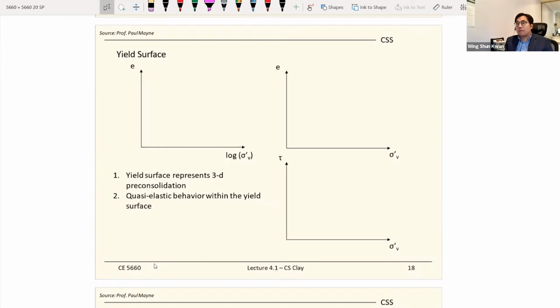For example, the von Mises model, if you still remember that, and the Mohr-Coulomb model we keep talking about at the beginning, both for physics and also for this class. That is also a model trying to capture the yield surface of a material. Actually, in soil mechanics, we borrow the Mohr-Coulomb model from metal mechanics.